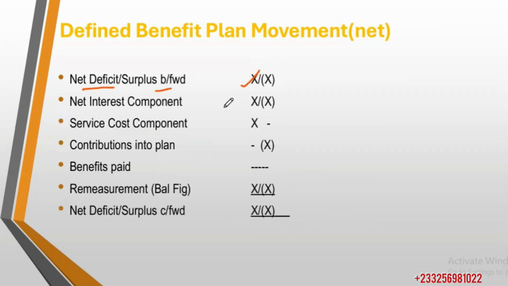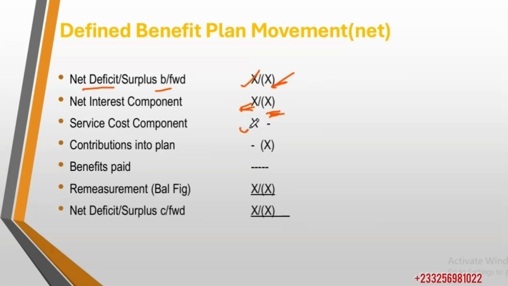That's what I've just said. What you come and get here will be net expense. Okay. If the opening is net asset, that's surplus. If net asset or surplus, and you come and apply the interest rate on it, you come and get net income. Okay, so it's the same thing here.